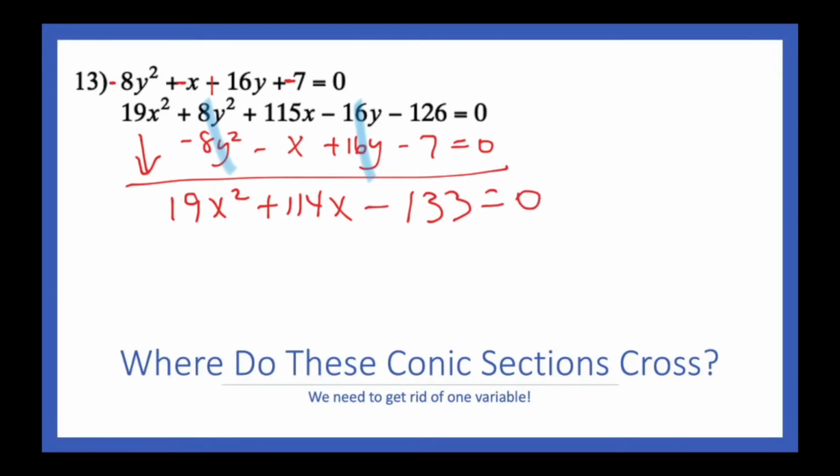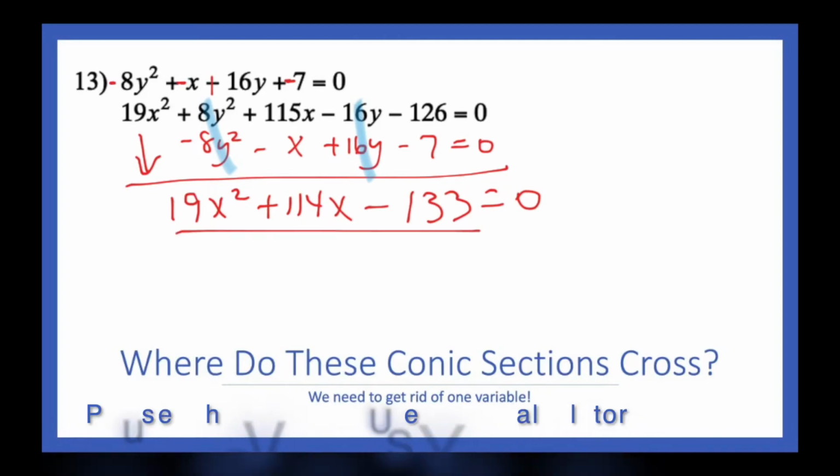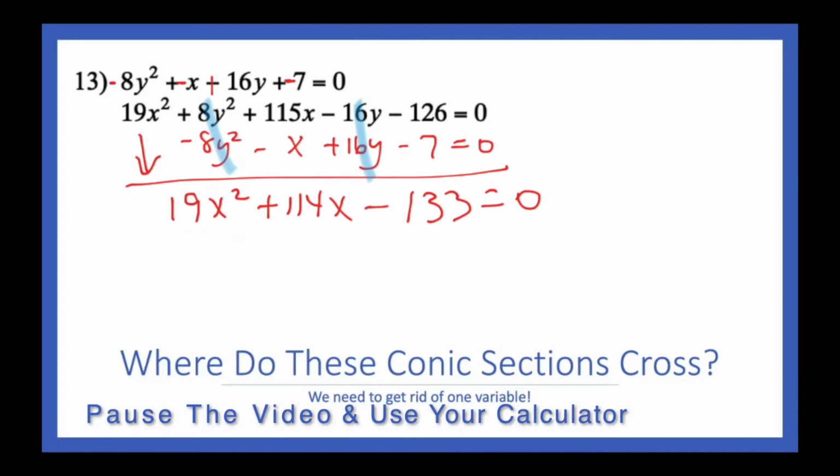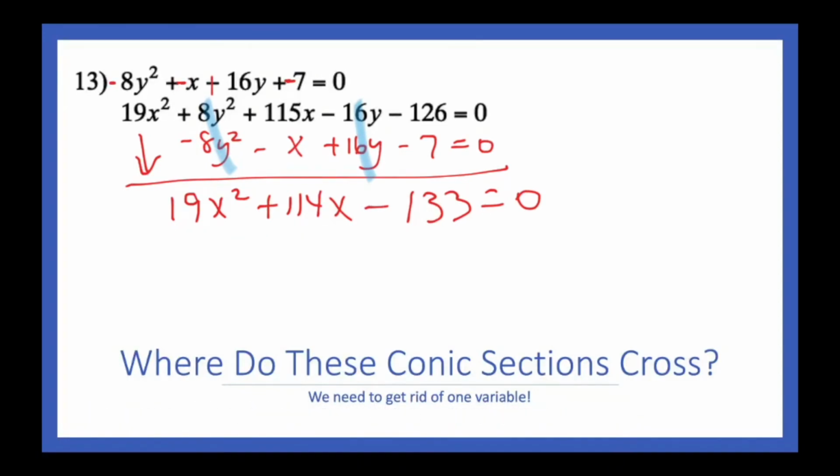Can I take something out of all those? I'm going to try 19. So get your calculator out and see if 19 goes into all of those. Yes, 19 goes into them all. Let's take a 19 out. 19 goes into that one 6 times. And 19 goes into that 7 times.